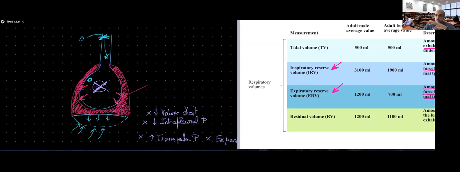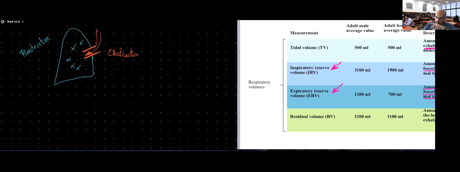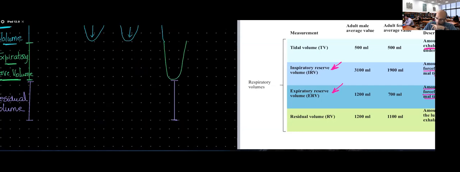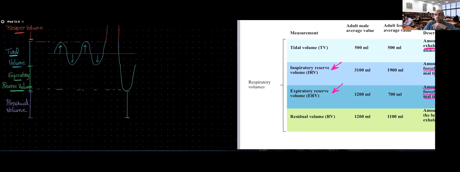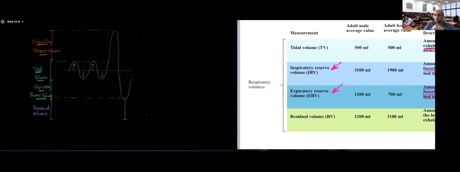So there will still be air in your lungs even after you perform a maximal expiration, releasing the expiratory reserve volume. This amount of air trapped in the lungs that never leaves is called my residual volume. Residual volume. Easy, easy.